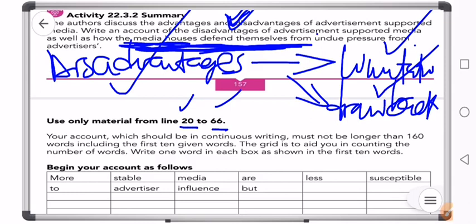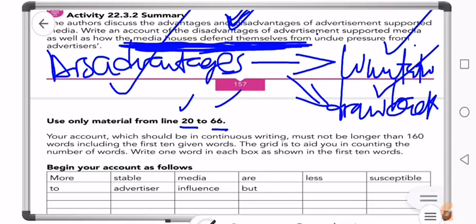After identifying all those disadvantages, limitations and drawbacks, I went further as far as identifying ways used by media houses to defend themselves. How? Come on, do a summary. I'm going to write about all these things.